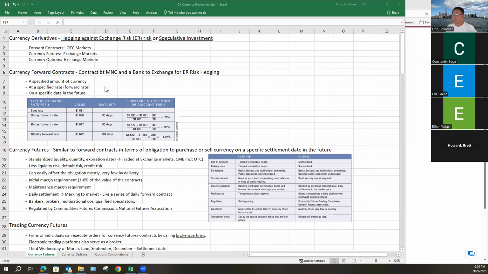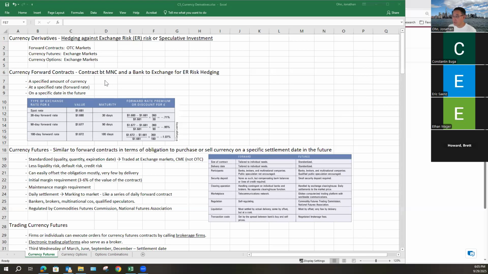So this is a contract for the exchange of foreign currency in the future at a pre-specified rate, which is called the forward rate.